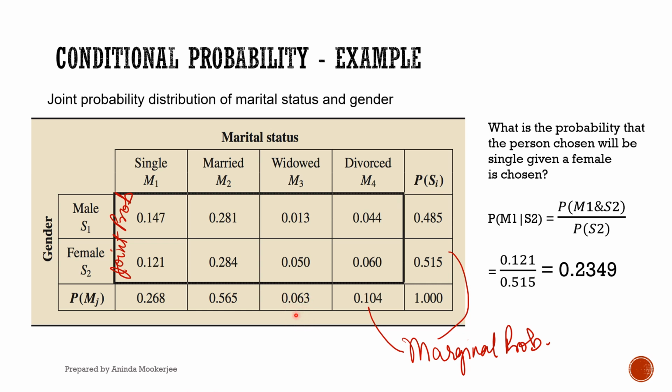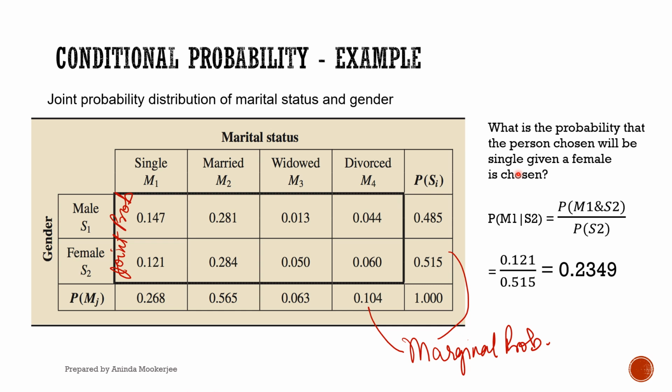So when we want to find the probability of a single variable, we have to look at the marginal values. Whereas joint probabilities should be stated with two variables, like somebody who's married and female, 0.284. So "and" suggests joint.